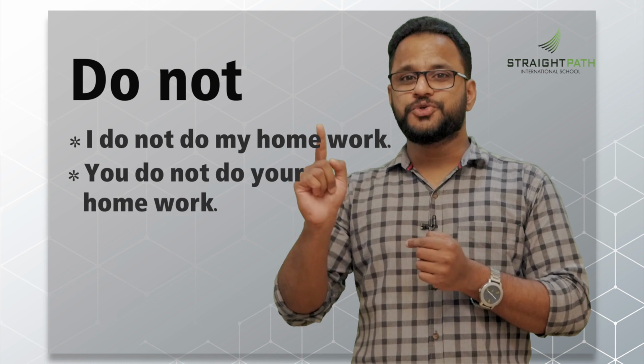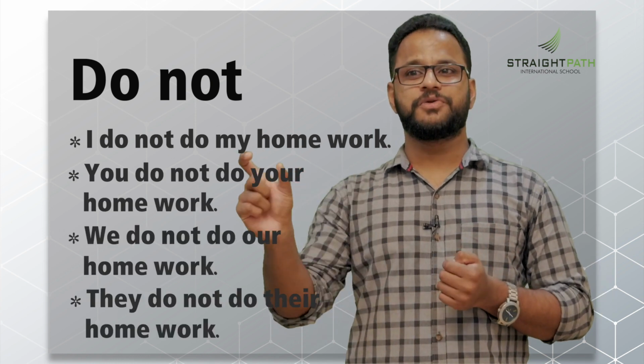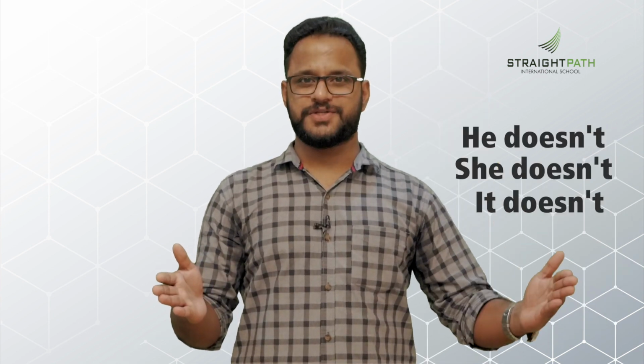Coming to the use of do not, let's look at the examples, right? I do not do my homework, you do not do your homework, we do not do our homework, they do not do their homework. So do not and does not. They don't, right? They don't and then he doesn't or she doesn't. It doesn't.